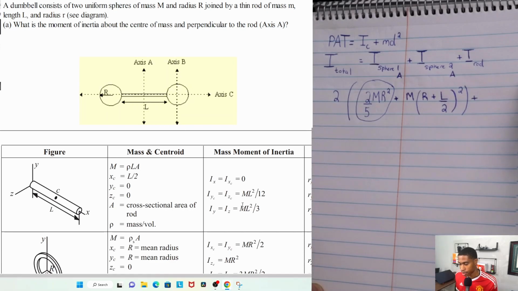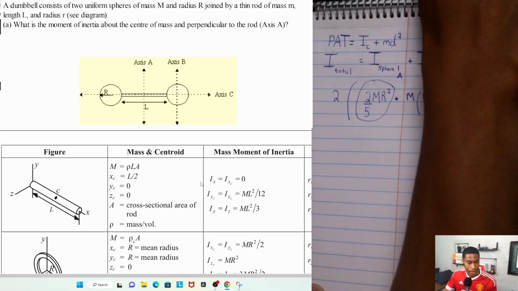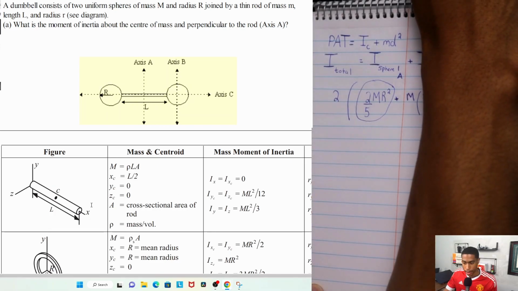If we look at our chart and we look at the mass moment of inertia and we see the I sub x, if we're doing inertia about the x-axis, that would be the same as our problem axis C. So this is not what we want to take because we're looking for about the axis A. So the only one that I can see that matches what we need would be taking the moment of inertia about the y-axis going straight up.